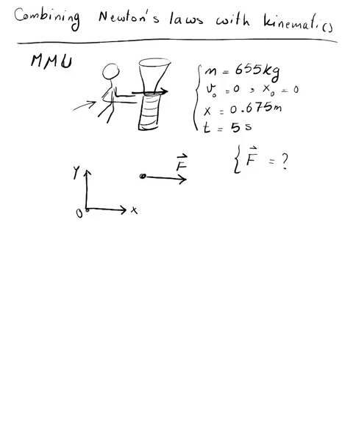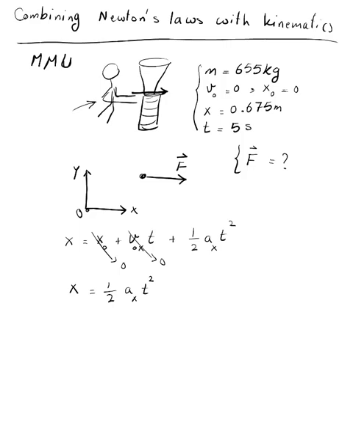Now, I know that the kinematics equation is x equals x naught plus v naught x t plus half a x t squared. This term is 0, and this one here is 0. So I have x equals half a x t squared.